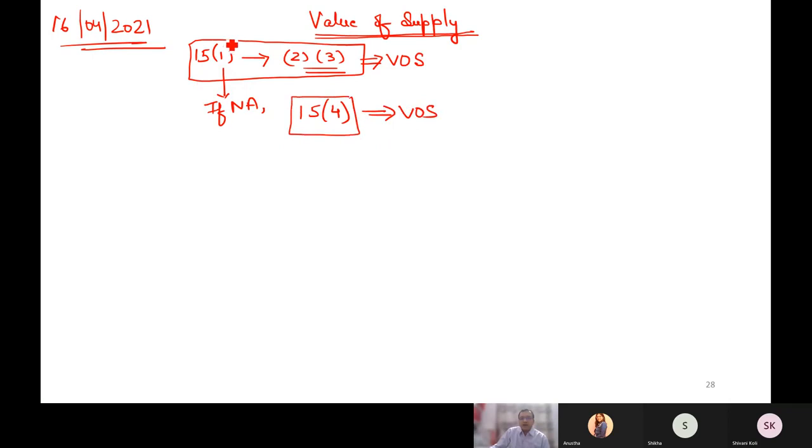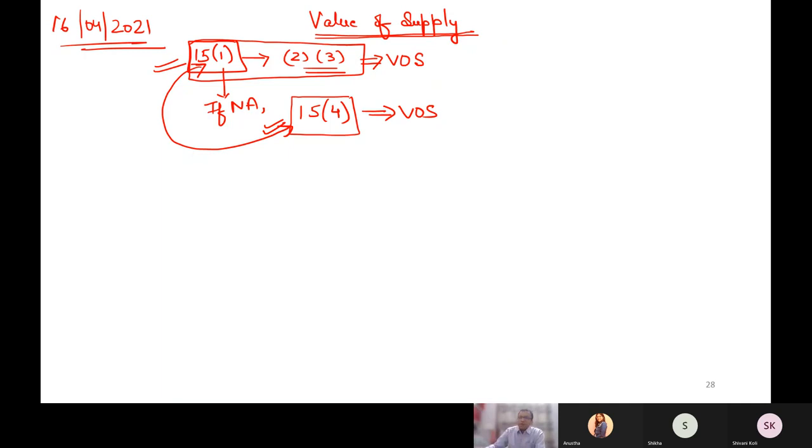But one thing is sure, that out of 15.1 or 15.4, any one can be applicable, not both. Either you will apply 15.1, or because of non-applicability of 15.1, you have to apply 15.4. But both subsections cannot be applicable. This must be clear in your mind. Either 15.1 or 15.4. But first and topmost priority is 15.1. Only when 15.1 is not applicable, then you have the option to go for 15.4.